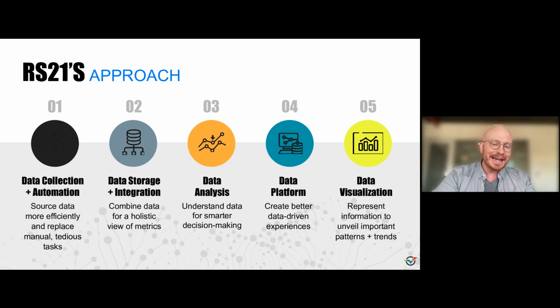The data was collected but not mapped correctly, or there was data duplication, so not having good data integrity with the records that were being created and stored. So our approach to this problem from a data standpoint, we weren't really solving number one. The data collection was already happening.